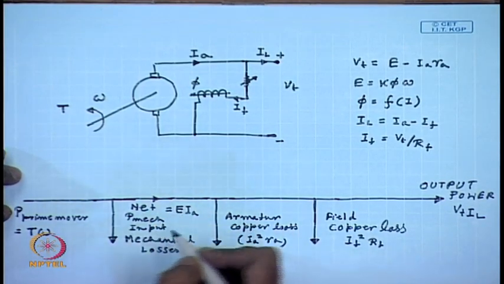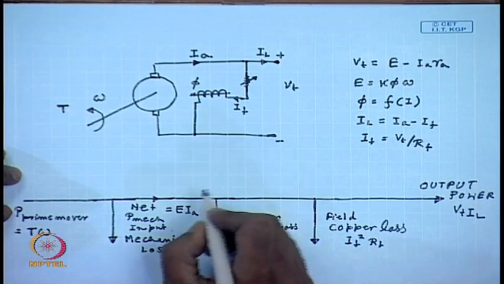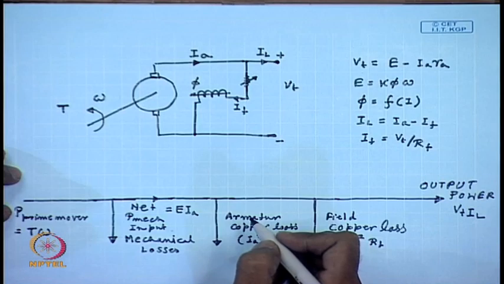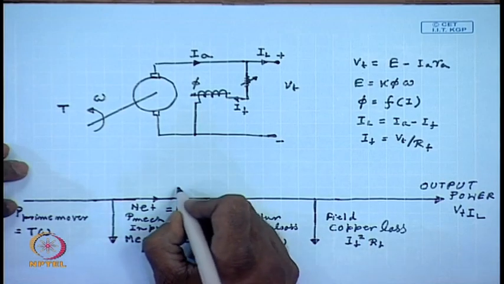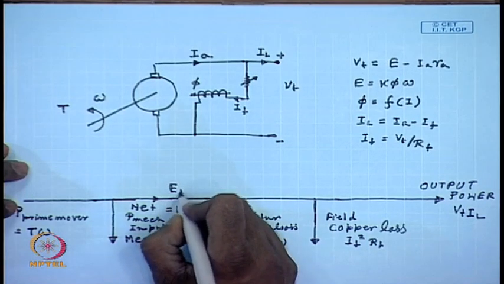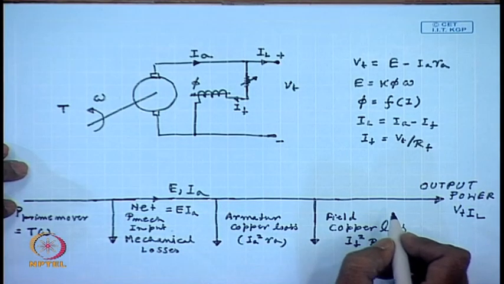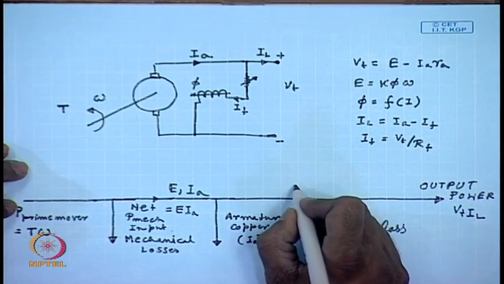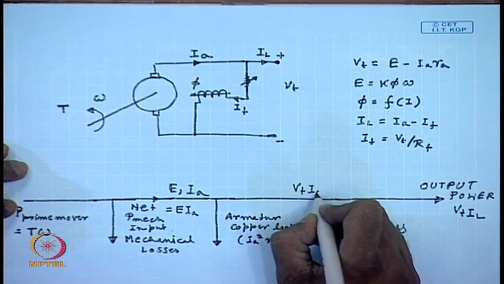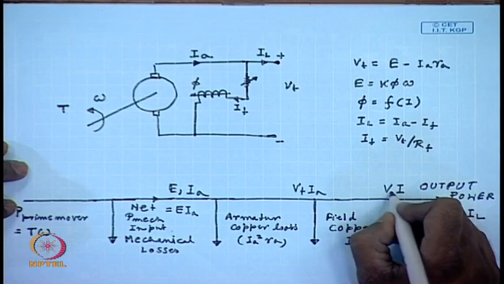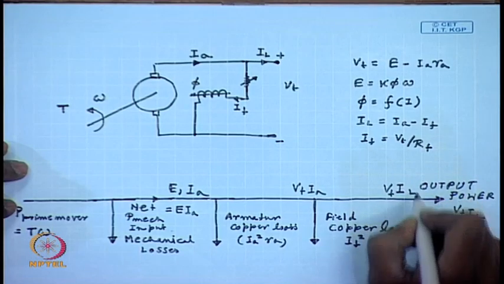So, here the voltage induced is E Ia, here the voltage is Vt Ia, and here the voltage and current is Vt IL.